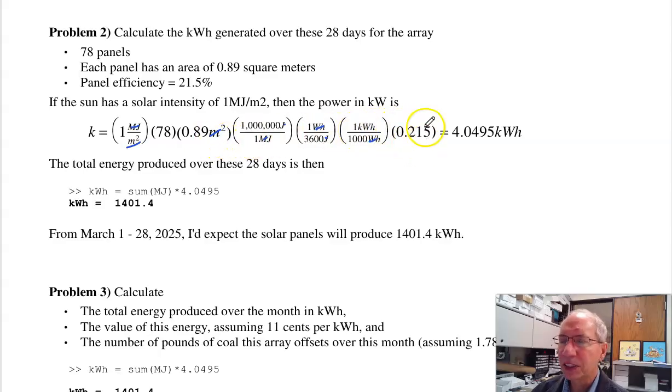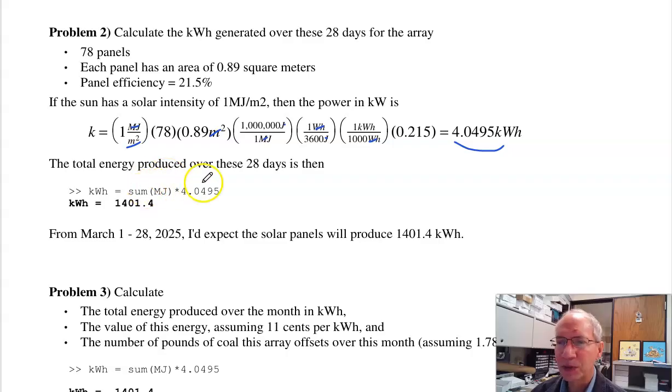And the efficiency is 21%. Only 21% of the solar energy gets converted to electricity. So the conversion is 4.0495. So what I want to do is take the megajoules, multiply by 4.0495, and that'll convert me to kilowatt-hours. So if I add them all up, that's the total energy over 28 days.